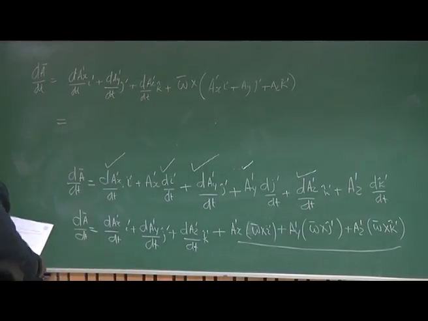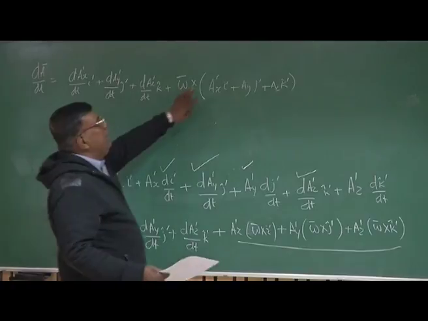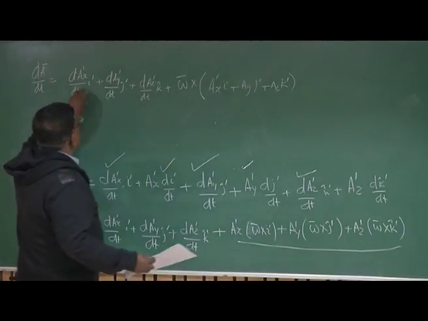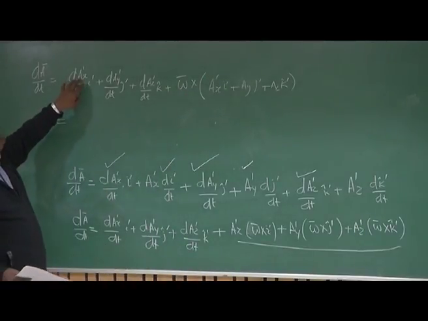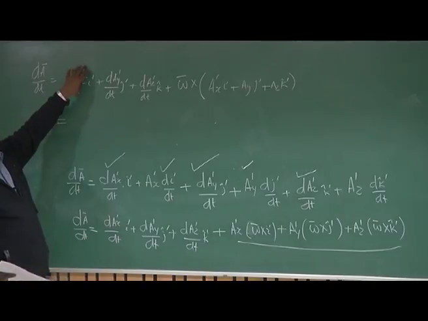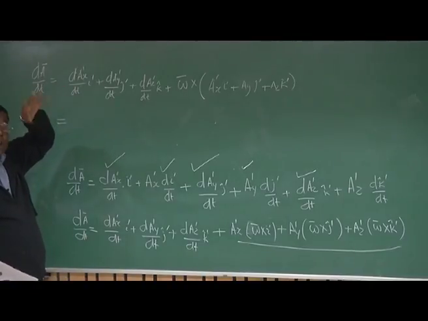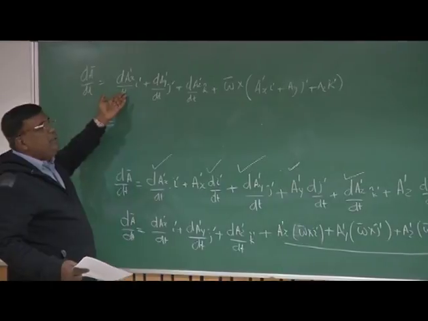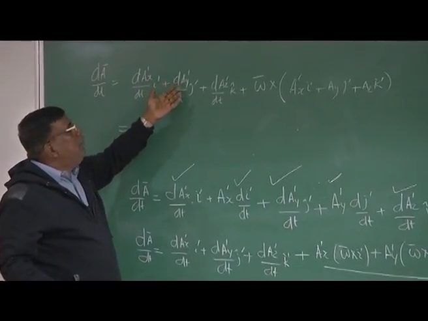It says, don't worry about rotation. Rotation will be taken care of by this term. You see what your component of the vector is in the x direction, local x direction, body x direction. Find that derivative. Similarly, body y, find that derivative.